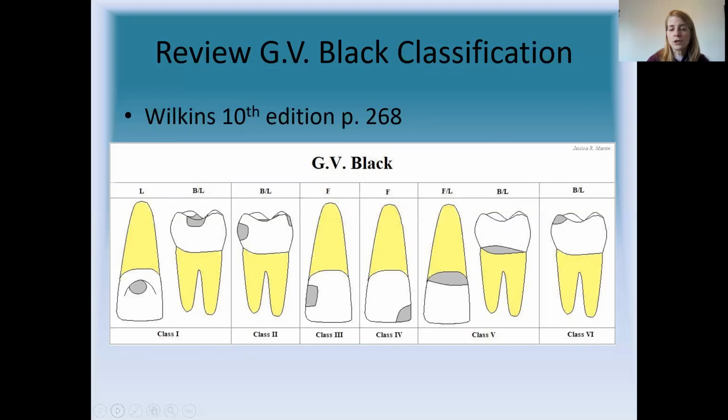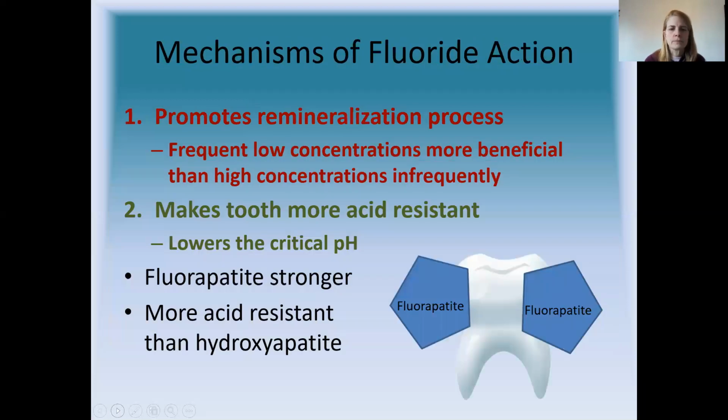Class 4 is our anterior interproximal involving the incisal edge. Class 5 is the buccal and lingual area right at the cervical. And then Class 6 is our cusp tips. So every time we review this, you're like, yep, yep, yep, oh, forgot that one, yep.